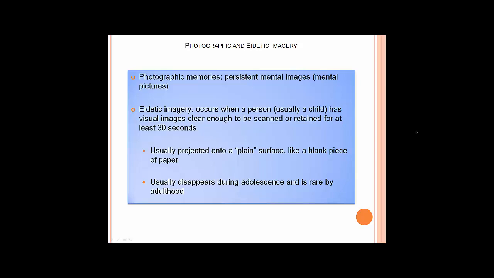Remember that iconic memory, visual sensory memory, disappears after about a half second. So can you imagine having eidetic imagery or a memory that lasts for at least 30 seconds, not a half second? These memories usually disappear during adolescence, and it's rare by adulthood.